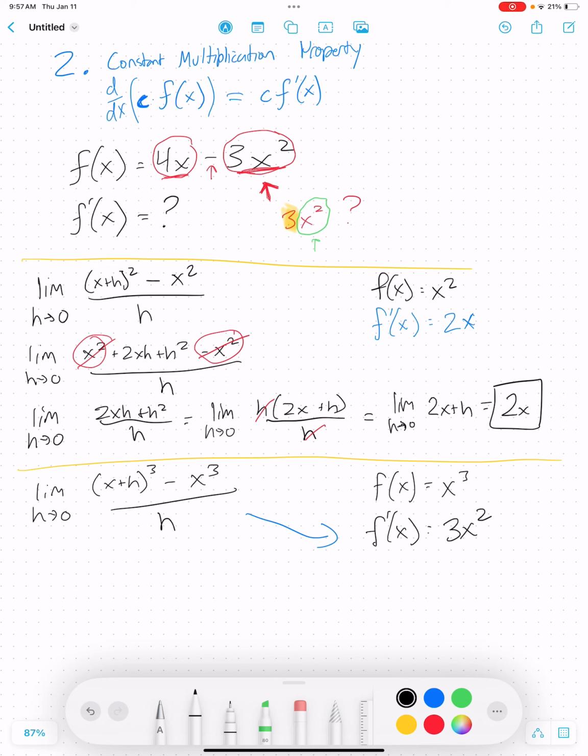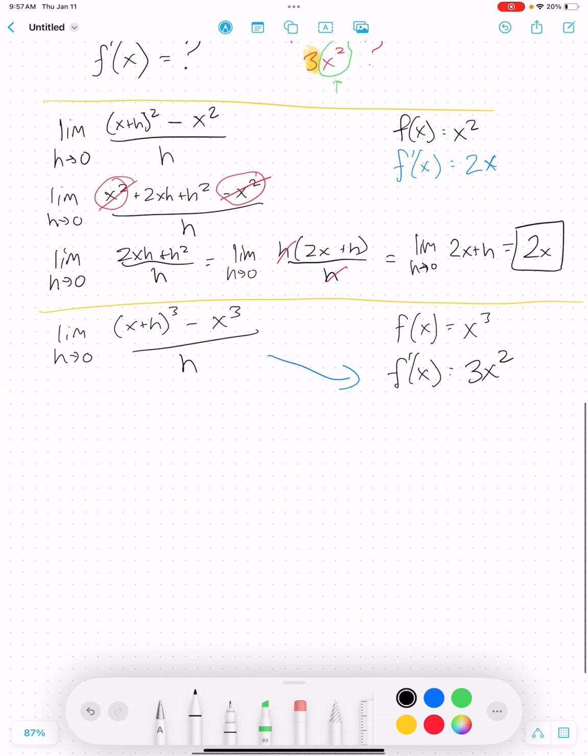So I could keep going with x to the 4th, x to the 5th, but what I can see is that there ends up being a pattern. With a lot of these derivatives, if I'm looking at a specific family of functions, I can see patterns. So what this leads us to is a rule for this specific family of functions called power functions. This is called the power rule.